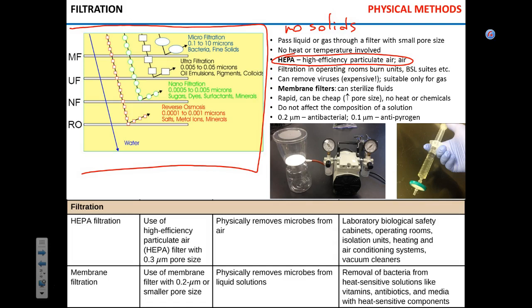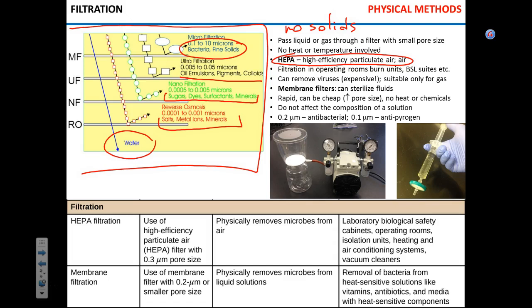So we have filters that can contain things from bacteria, rather small, to chemicals like pigments, which are large organic molecules, to smaller organic molecules like sugars, to systems that allow you to remove ions from water, which essentially in the end will give you water in its most pure form. It's going to be H2O and nothing else. Okay?